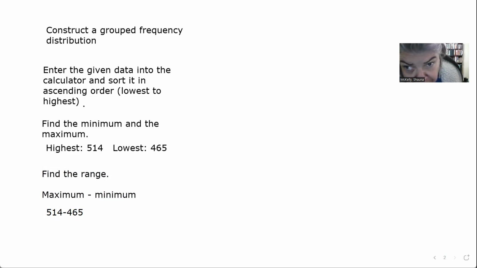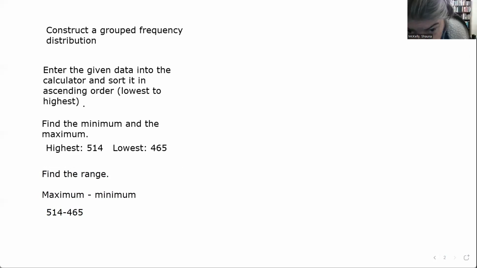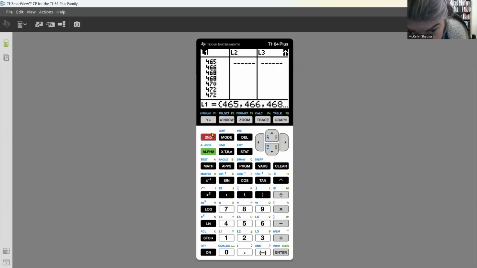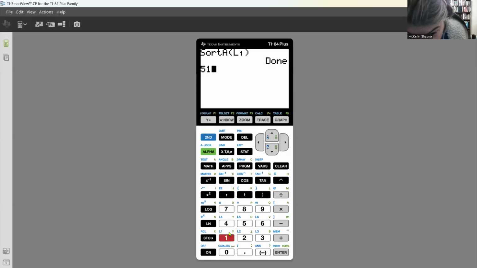So what I'm going to do here is go back to the calculator. And I'm going to quit from here because I want to use the calculator for a calculation. 514 minus 465 comes out to 49.